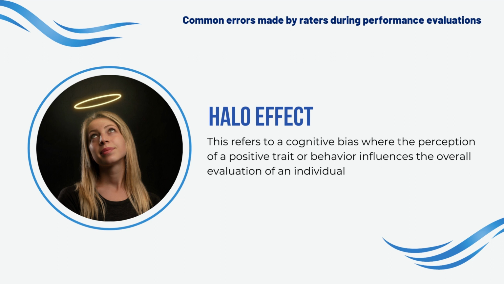It is named after the angelic halo and suggests that we naturally attribute all sorts of positives to people we like, while we attribute negatives to those we don't. In the context of performance evaluation, it can lead to inaccurate or misleading feedback, which can hinder personal development and the overall productivity of a team or organization.